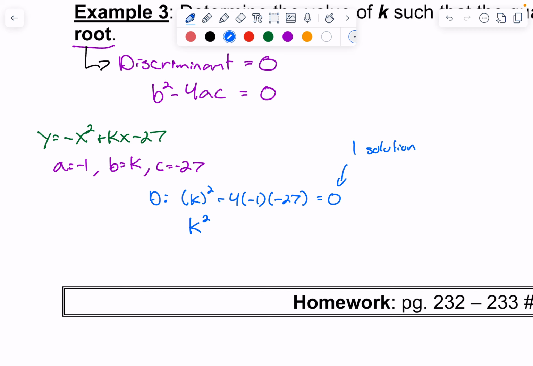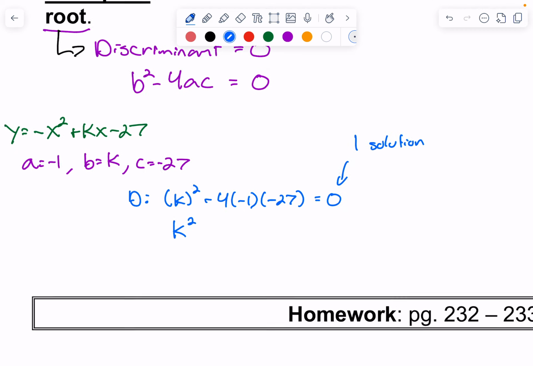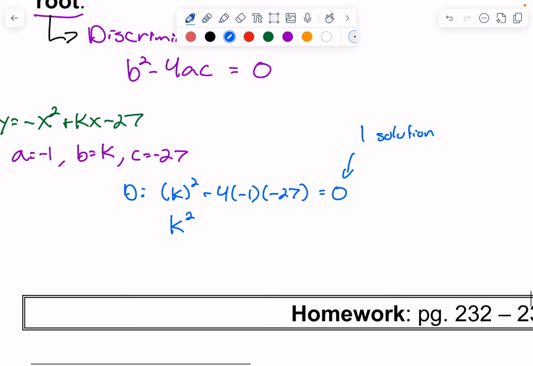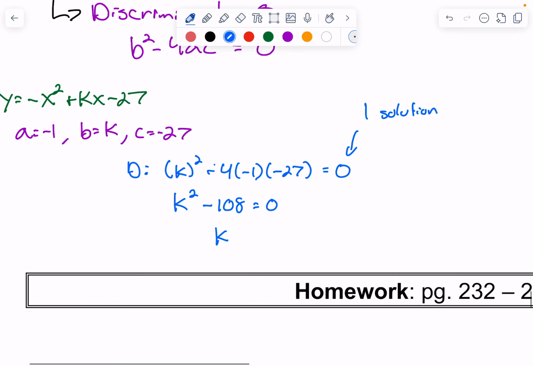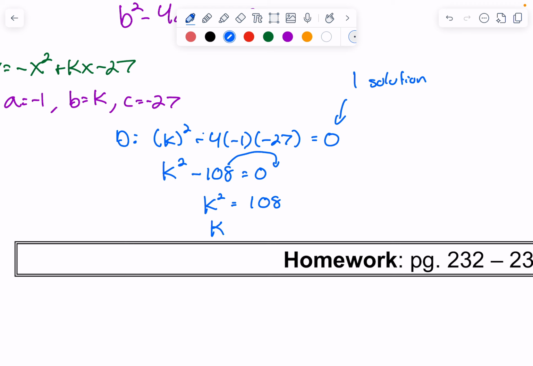So then you get k squared minus 4 times negative 1 times negative 27. Well, I need to use my calculator for this. That would be 108, all right? But again, 3 negatives, it would be minus 108. All right, well now k squared equals 108, bring the 108 over. Well then k is the square root of both sides.